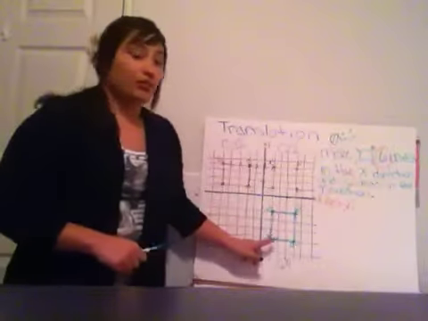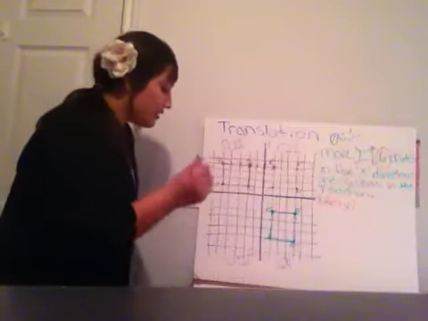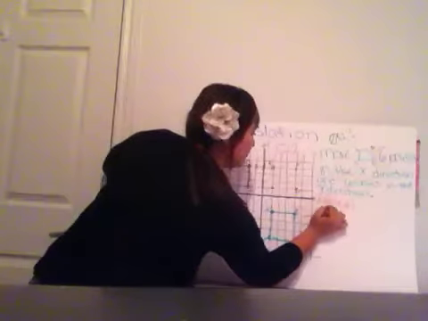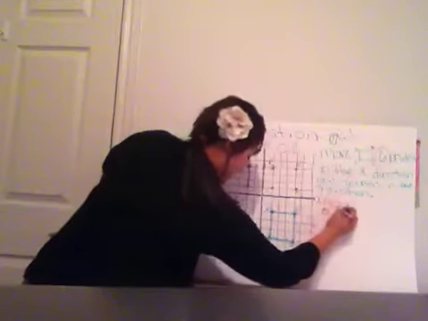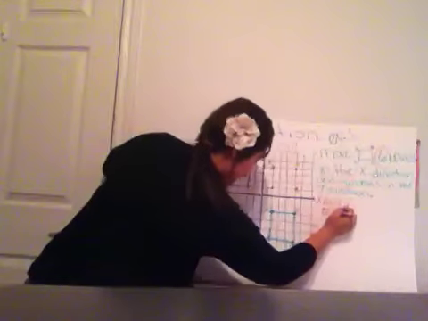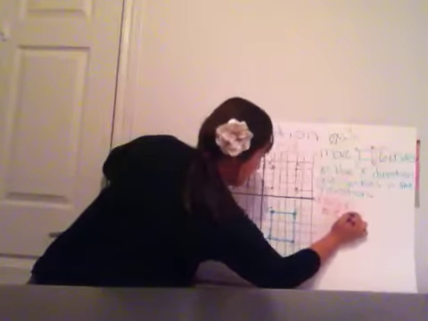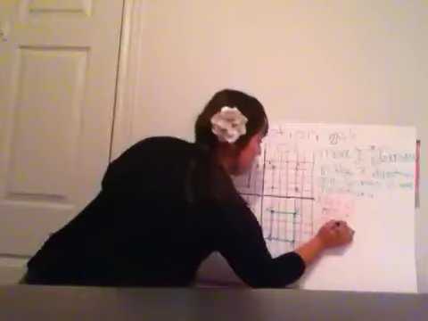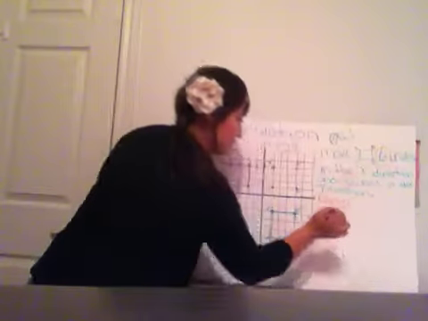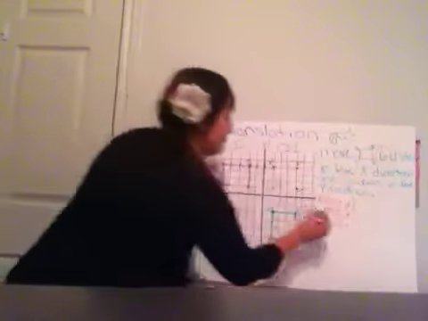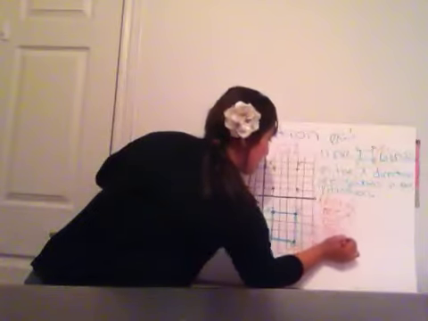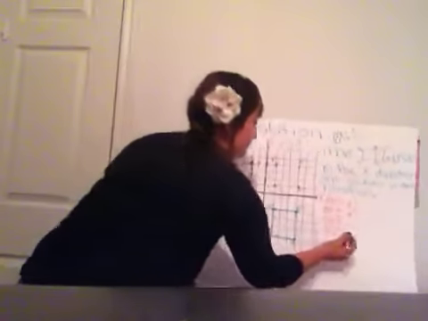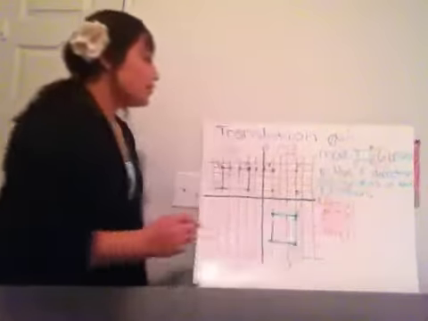The points that we started with are A is -5, 4, B is -2, 4, C is -5, 1, and D is -2, 1. Those are our original points.